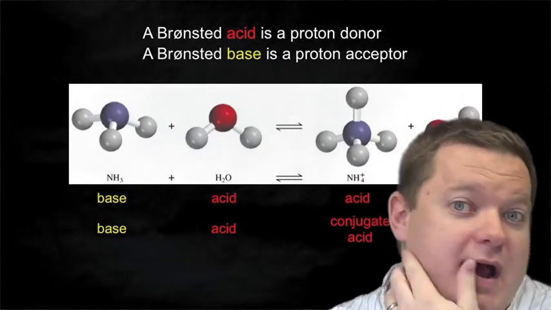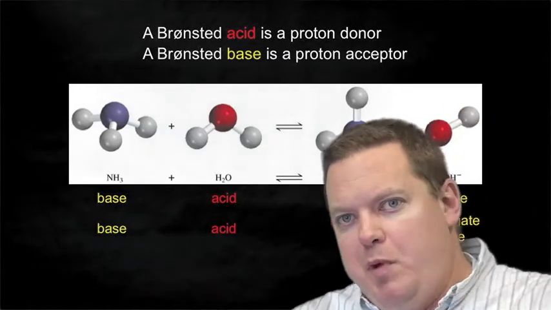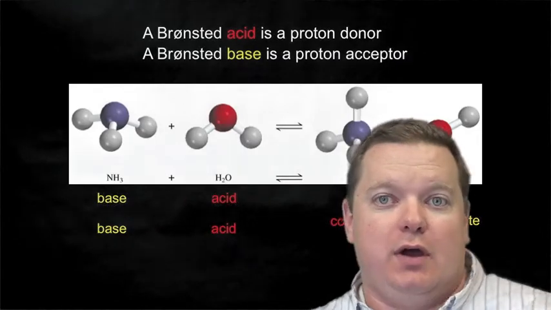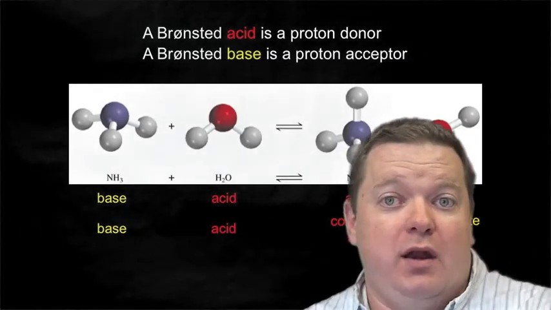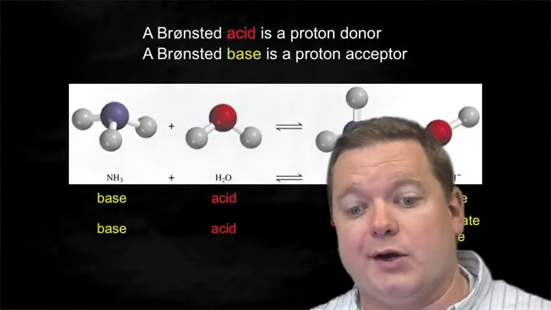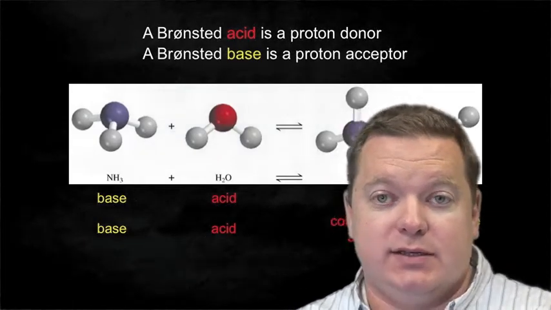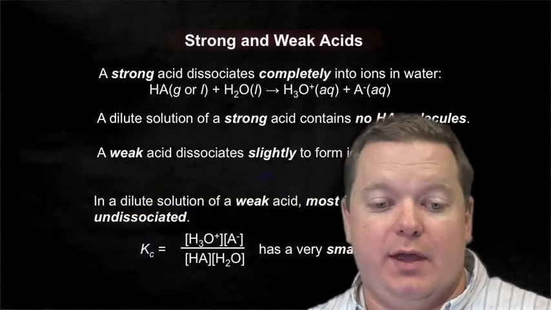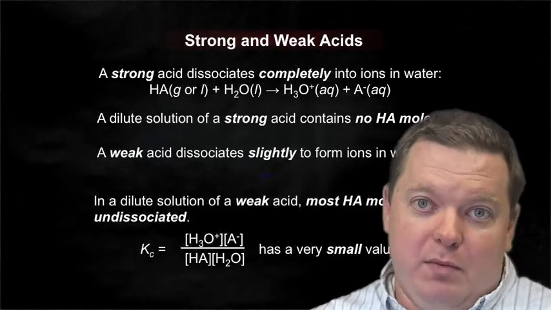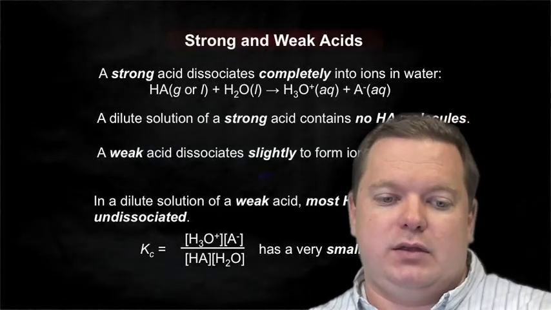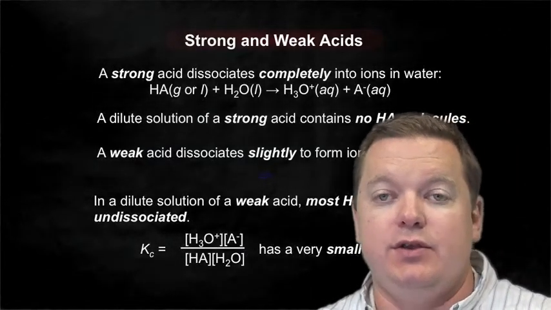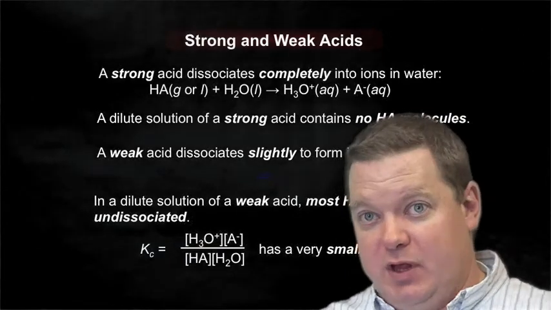So now that we remember what an acid and base are, remember back we said that there could be two types of acids or bases depending on whether they were strong or weak electrolytes. So we can have a strong acid versus a weak acid. A strong acid is something that completely dissociates into ions. So we take something like HCl.